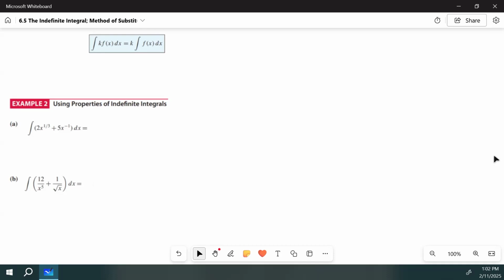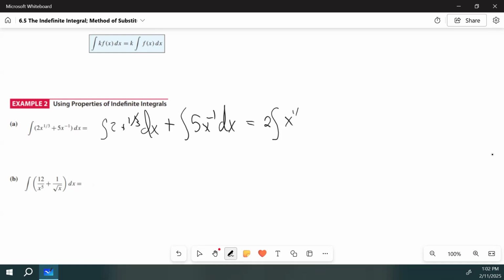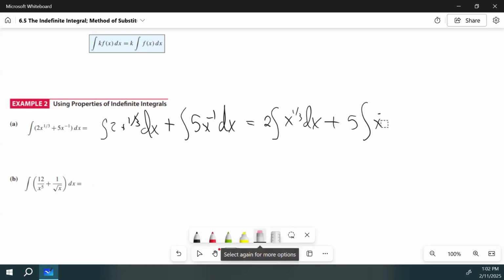But first off, using the sum rule, you can rewrite this one as the integral of 2x to the 1/3 dx plus the integral of 5x to the negative 1 dx. And then using the constant multiple rule, I can write that as 2 times the integral of x to the 1/3 plus 5 times the integral of x to the negative 1, or 1 over x, dx, like that.